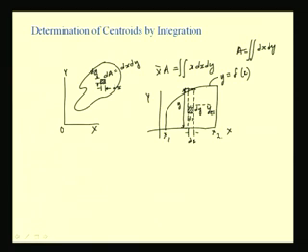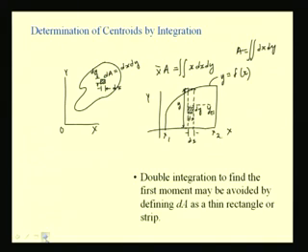So, by taking suitable elements, one can avoid these multiple integrals. Let us see some examples. You can either consider thin rectangles as shown in this example, or you can consider other forms of thin strips also.